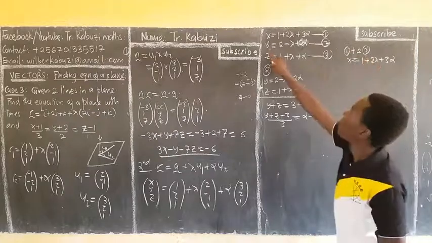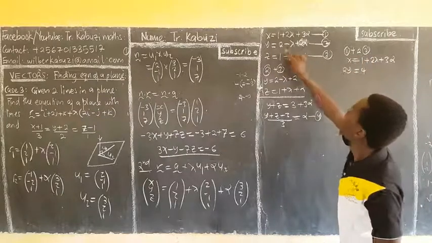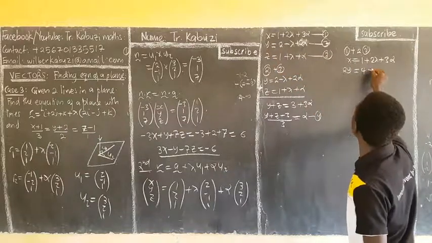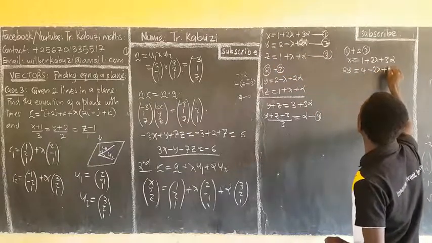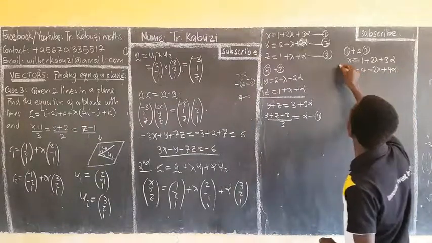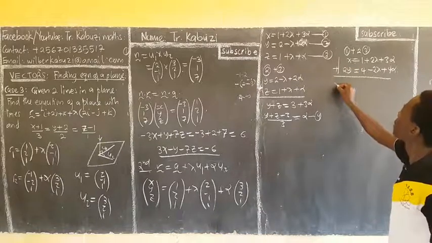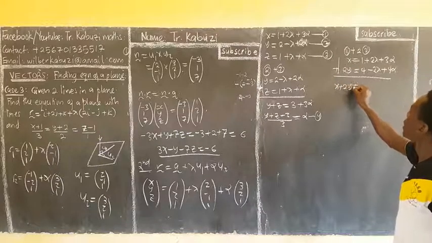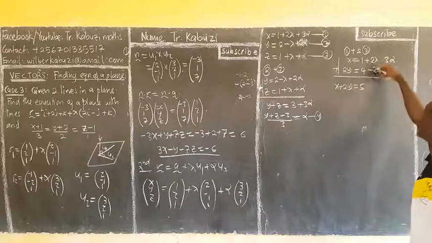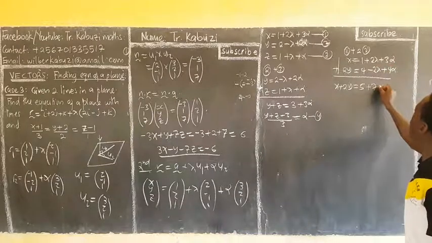Now, in equation 2, I'm multiplying by 2, so here we have 2y equaling 4 minus 2 lambda, then minus 2 alpha, then plus 4 alpha. When I add now, lambda disappears, and I have x plus 2y equaling 5 plus 7 alpha.